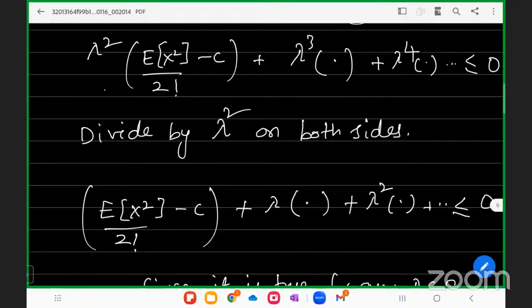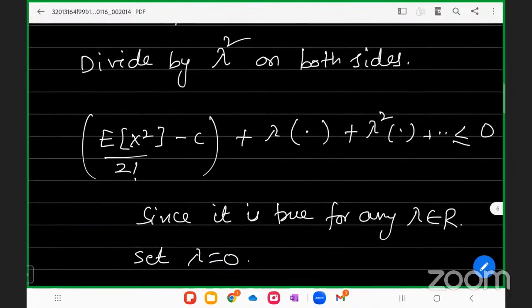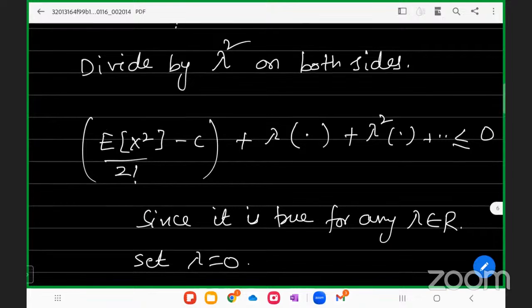So you mean our second inequality is true only if lambda square is not equal to 0. That's why you are asking this, right? Yes, sir. Because we're dividing by lambda square, so it is true only for lambda square not equal to 0. Okay. You can just turn lambda to 0. Maybe that's a slight mistake.